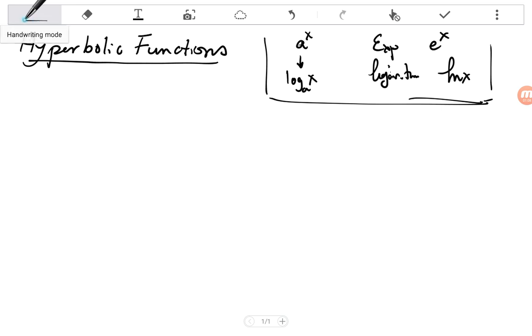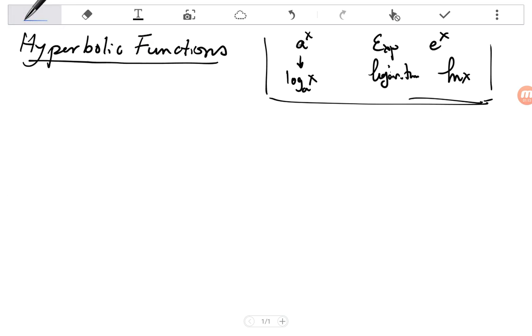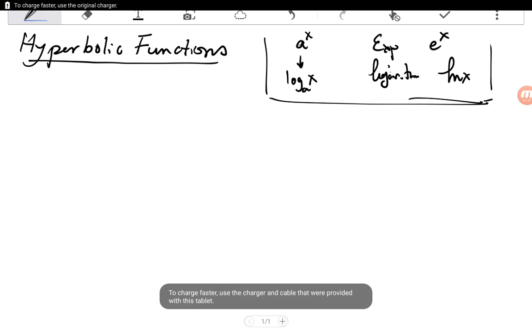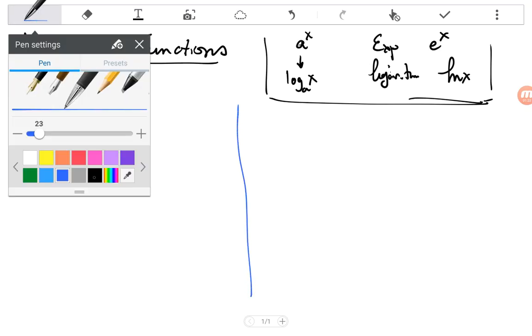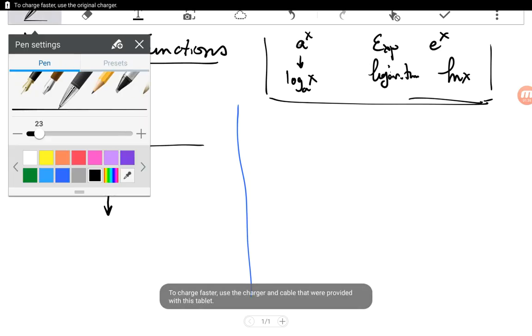Okay, one application of the exponential function is the definition of a new kind of function, which is called hyperbolic functions. First let us know what a hyperbola is. A hyperbola is some sort of curve, and we learned about it in the algebra section or the analytical geometry section.